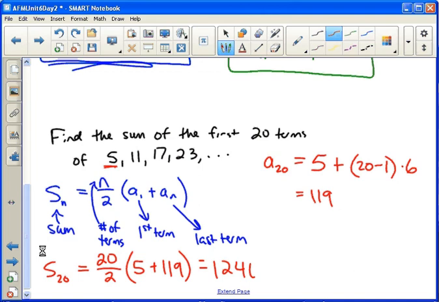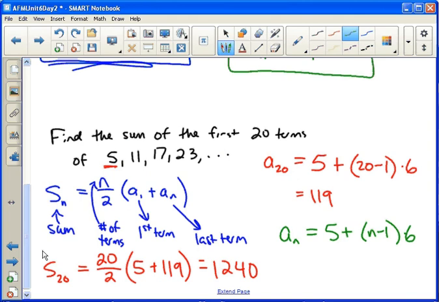Personally, I think there's a simpler way. If you remember, the explicit form is just a1 plus n minus 1 times d. So I could write the explicit form for this one as an equals 5 plus n minus 1 times 6. That would be my formula. Well, if I want to add all those together, what we learned yesterday is that you can just use a sigma, or you can use the summation in your calculator.